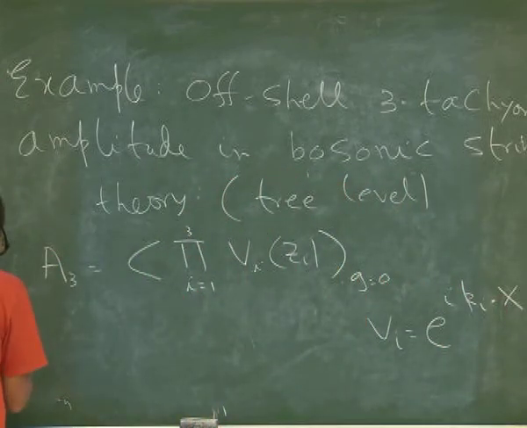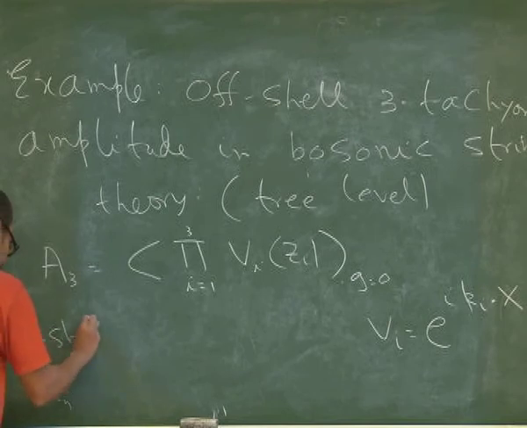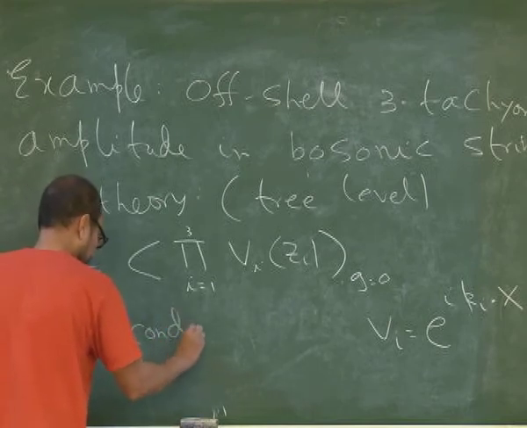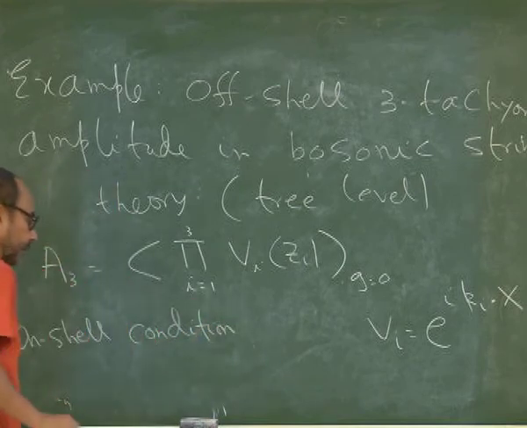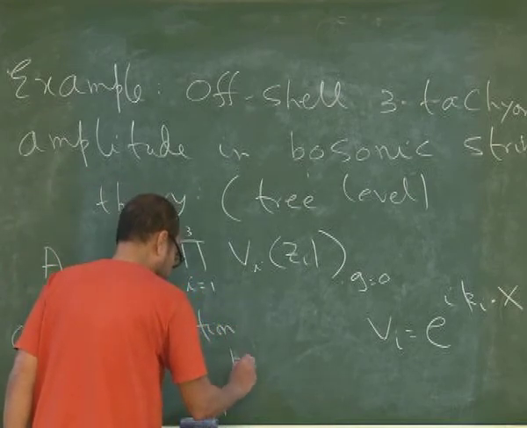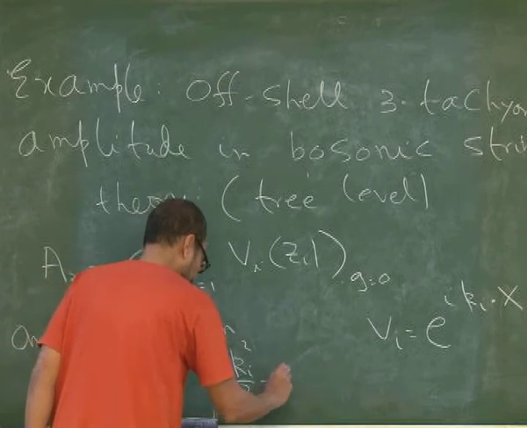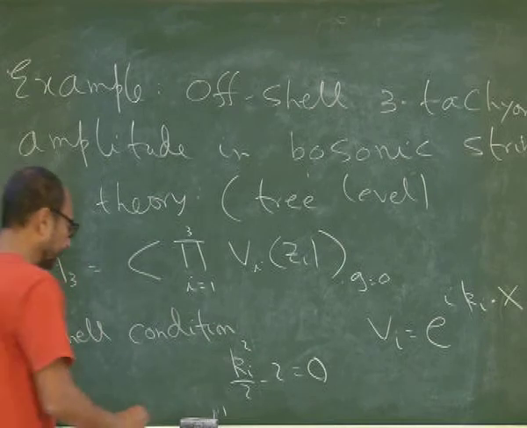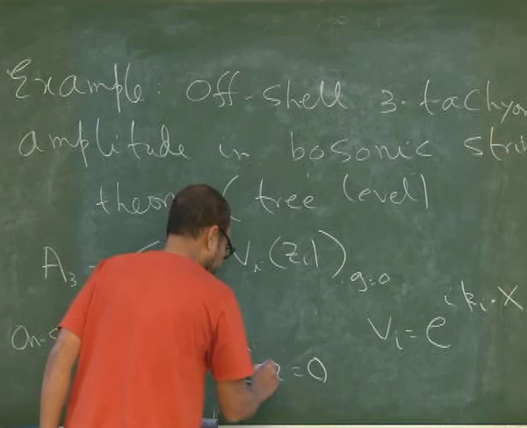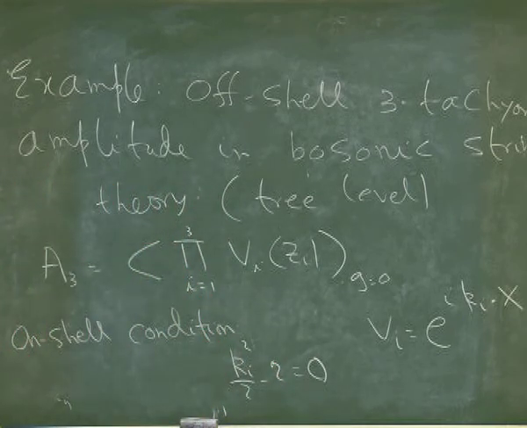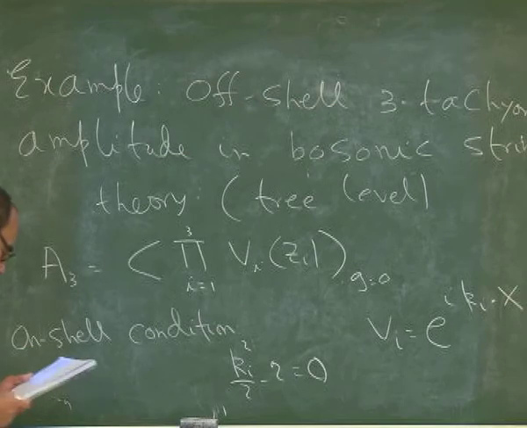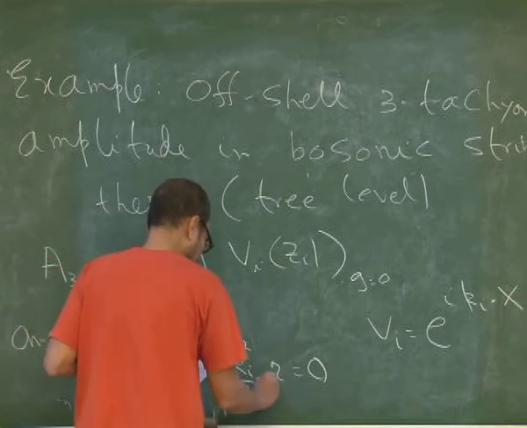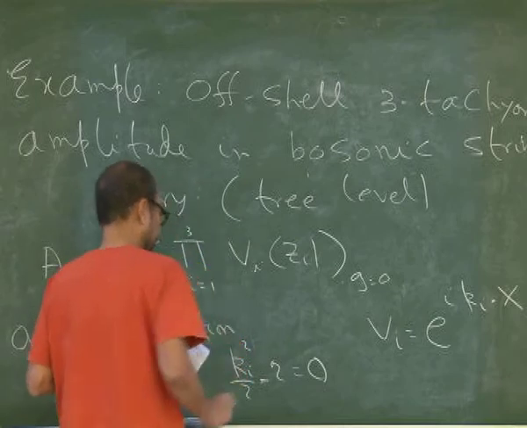And the on shell condition, which you want to avoid, but let me write the on shell condition anyway. On shell condition is k_i^2/2 minus 2 equal to 0. So this 4 or minus 4 is basically the tachyon mass square. I think not, it's plus 2, no, minus 2. Yeah, this is fine.